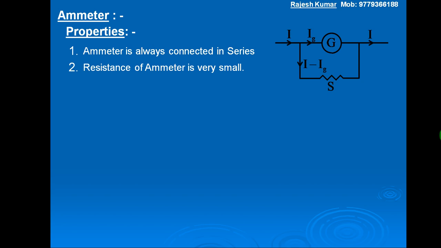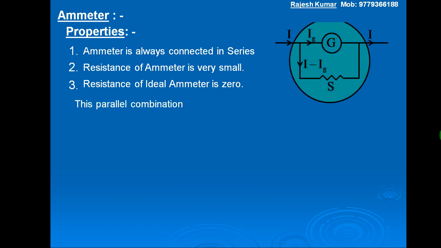By connecting ammeter in the circuit, it does not change the current passing through the circuit. Third one, resistance of ideal ammeter is 0.